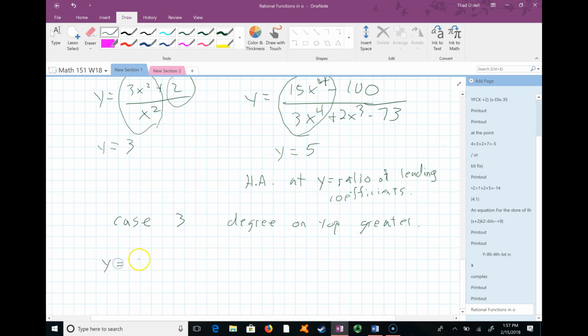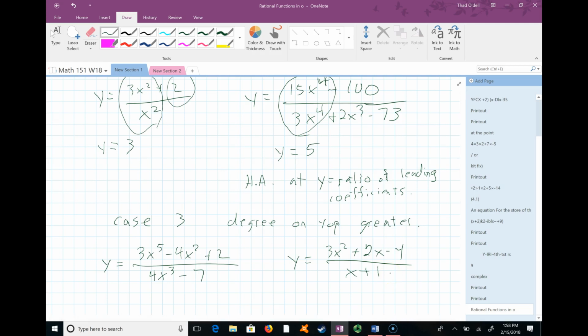Well, examples of that would be y equals 3x to the 5th minus 4x squared plus 2 over 4x to the 3rd minus 7, or y equals 3x squared plus 2x minus 4 over x plus 1. Notice in both of these, the degree on top is greater. Here, the degree on top is 5 and the degree on the bottom is 3. Here, the degree on top is 2 and the degree on the bottom is 1. So both of these fit into the third case.